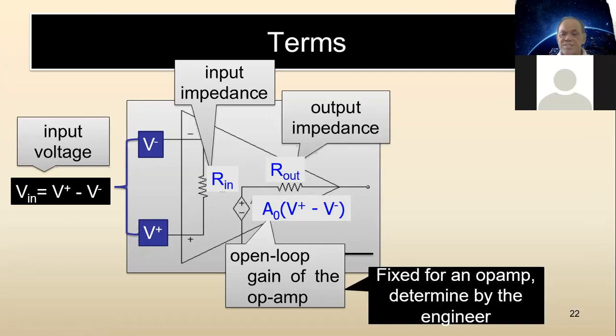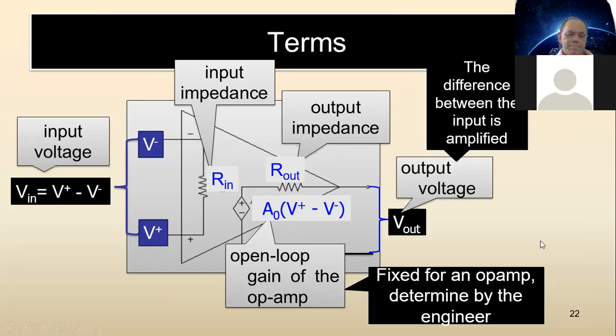We cannot change it. So that's the output voltage. If the output resistance is 0, then your output voltage equals that one straight away. Basically, the difference between the two terminals, positive and negative, and then you just amplify it.